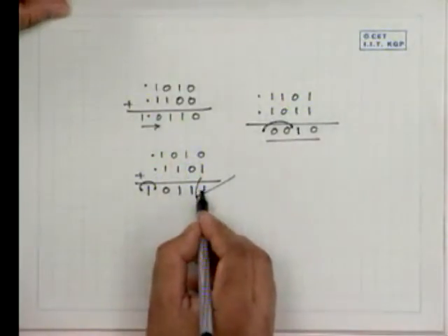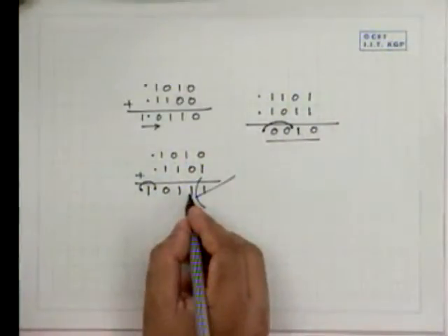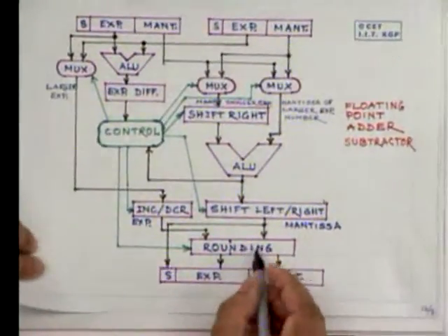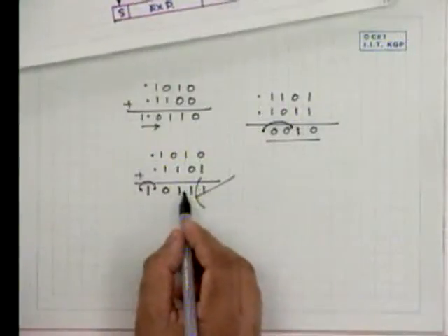Now, when we discard this 1 bit, then the previous bit has to be rounded so that the number can be represented to the nearest form.